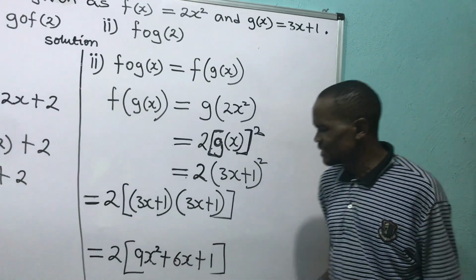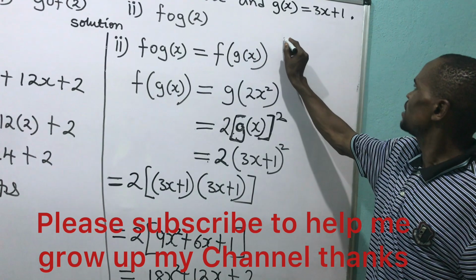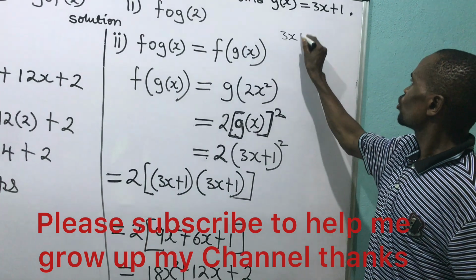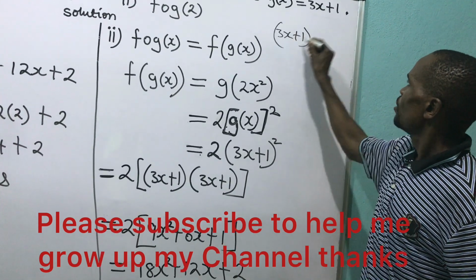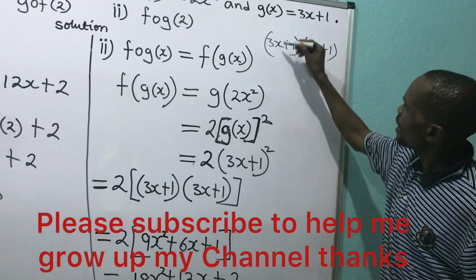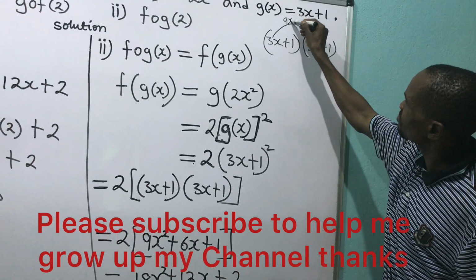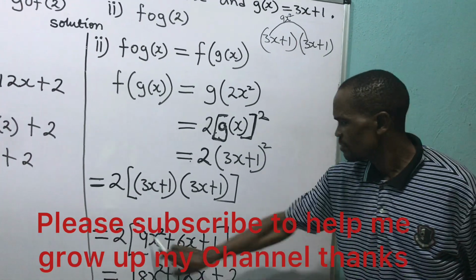Then I'm getting this. How did I get this? I can explain it here by saying 3x plus 1, that's what we have here, into 3x plus 1. I first did this times this, which will give me 9x raised to the power 2. Look at it here.